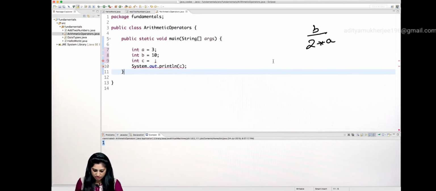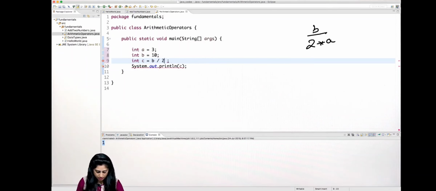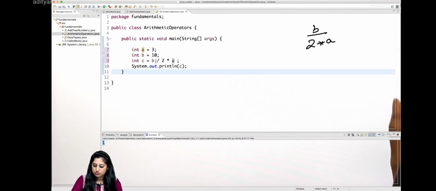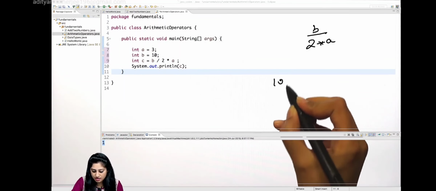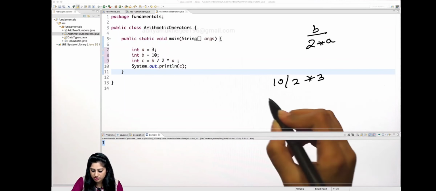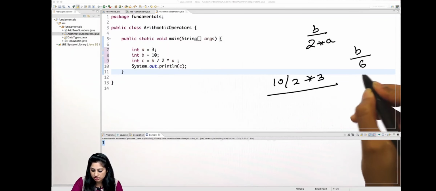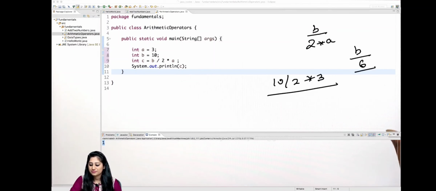So for that, let me write it this way: B divided by 2 into A. This is what I want to do. Now, considering the expression you have here, what do you think is going to be the answer? So B is 10 by 2 into 3, right? This is the effective statement, and we actually want to do B by 6.